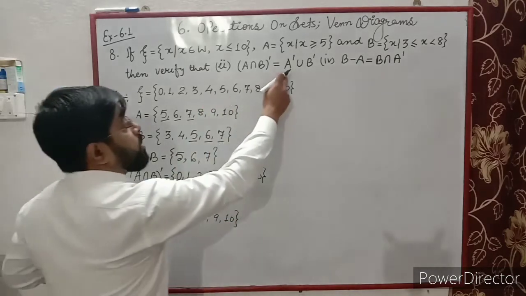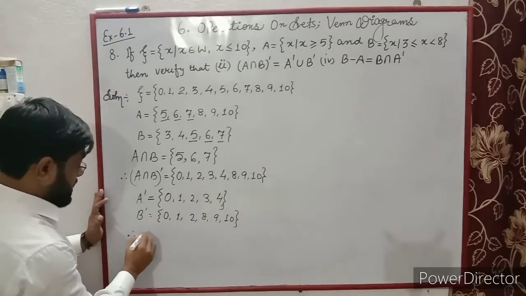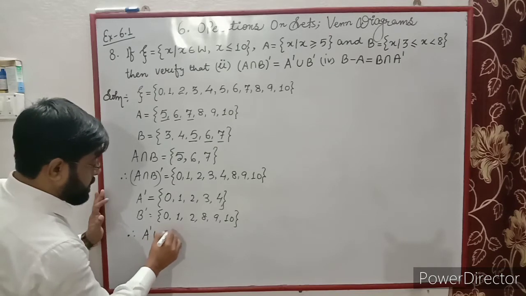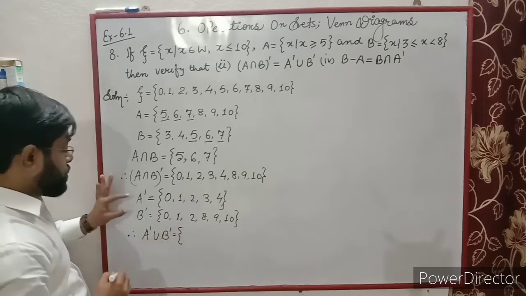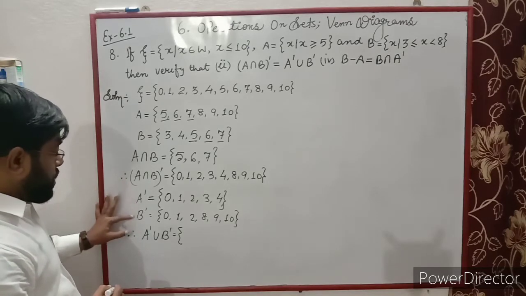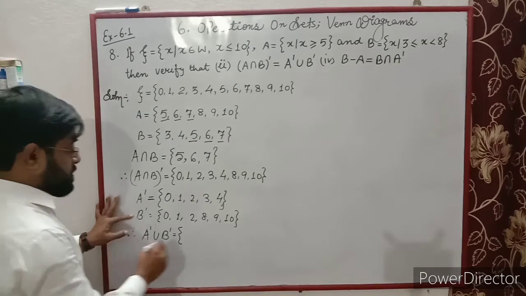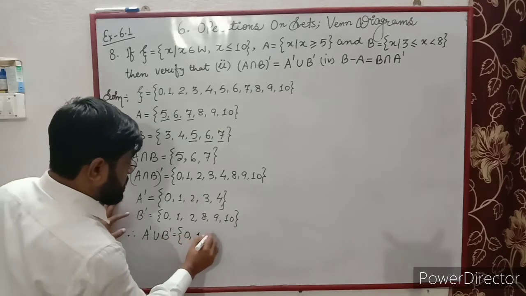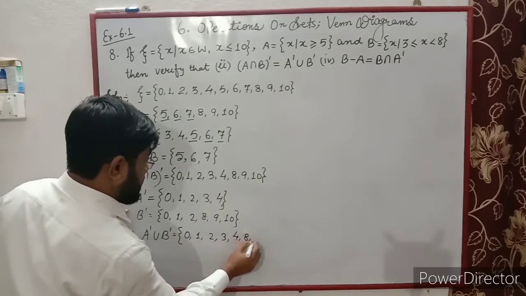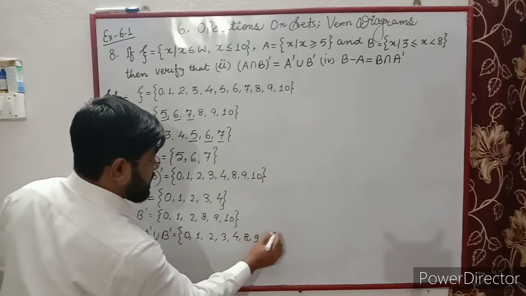Now we have to find complement of set A union complement of set B. Write all those elements which belong to complement of set A or complement of set B. So 0, 1, 2, 3, 4, 8, 9, 10.